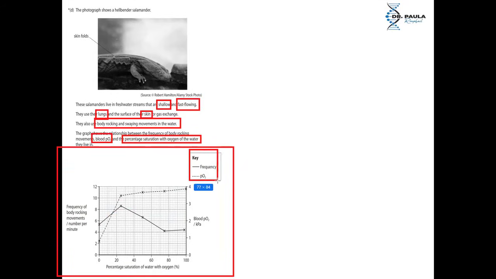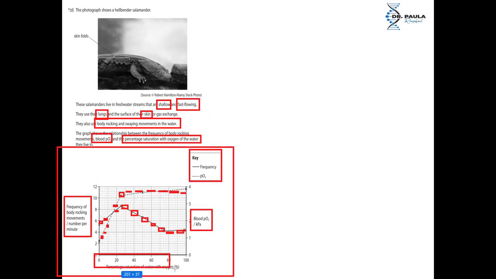We have frequency, the bold line, the complete line. This is the frequency of movement, number per minute. And we have the blood partial pressure of oxygen, kPa. This is the dotted one, the incomplete line. And at the bottom x-axis, we are seeing here the percentage saturation of water with oxygen.